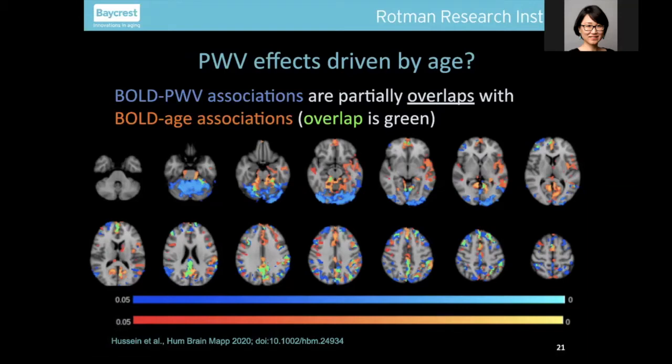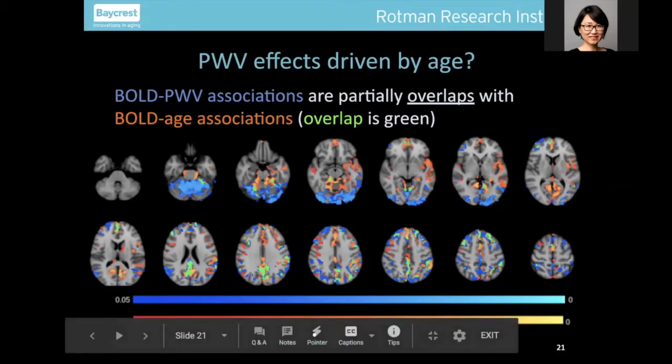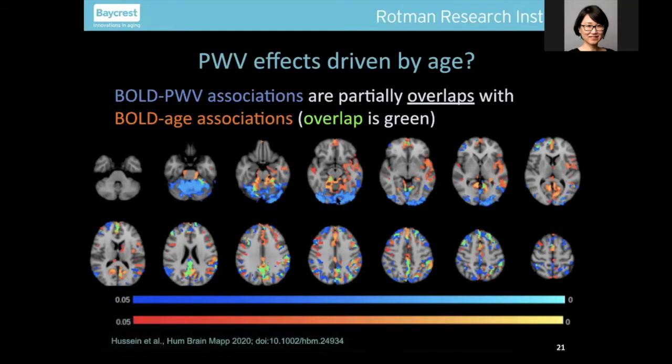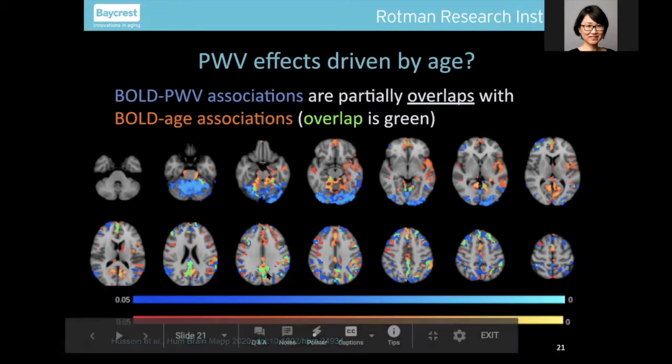But there is also a lot of blue here, which is only the arterial stiffness effect, which doesn't show any effect of age. So there's some uniqueness to the effect of arterial stiffness. It does not explain all aging effects, but it does explain aging effects, at least as it relates to the default mode network here.